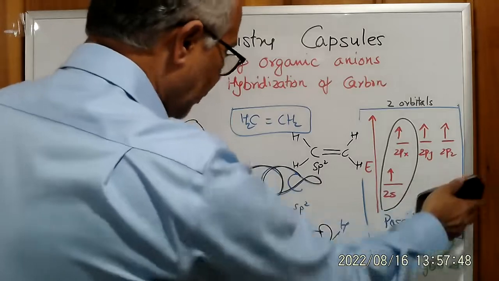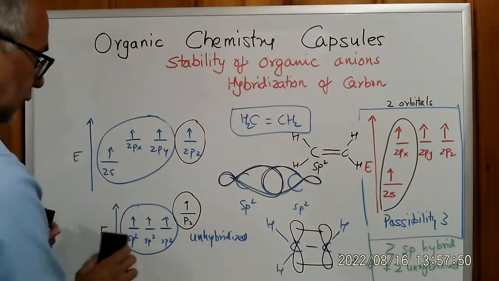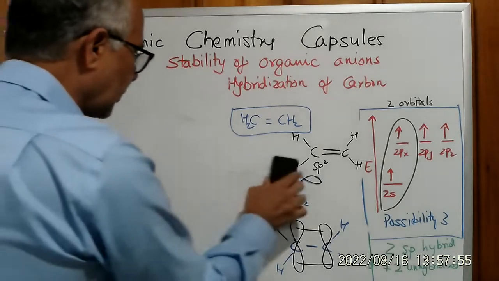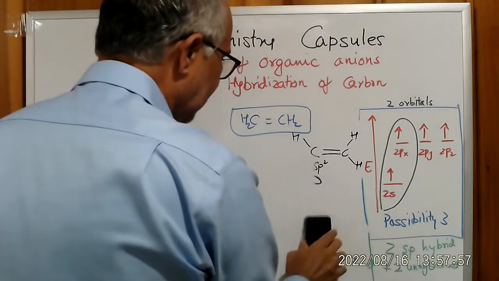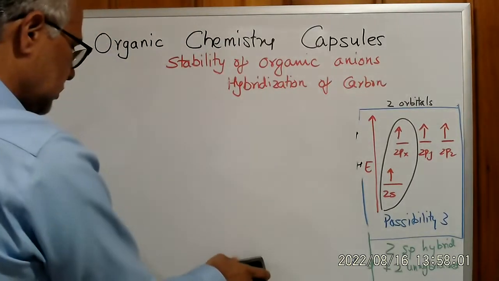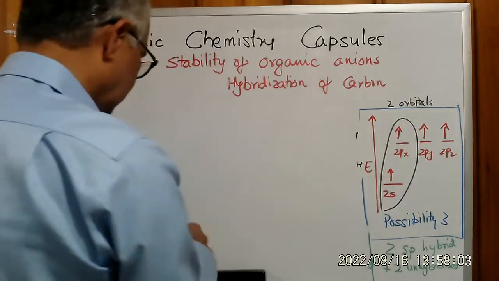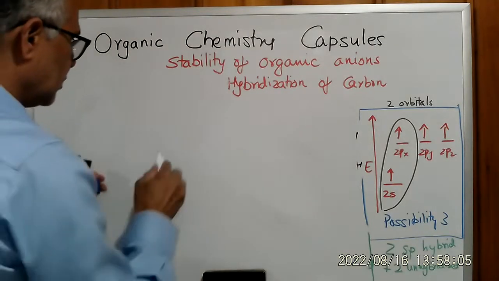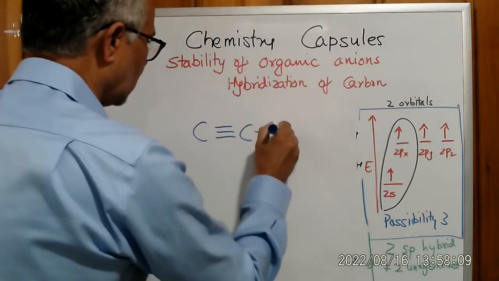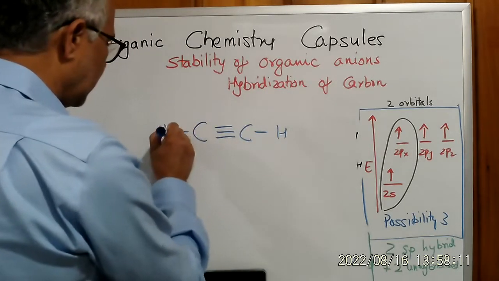And there's another possibility which we'll see shortly. Compounds with carbon-carbon double bonds are called alkenes. In this one we use sp hybridization to explain how carbon forms a triple bond between the two carbons here.